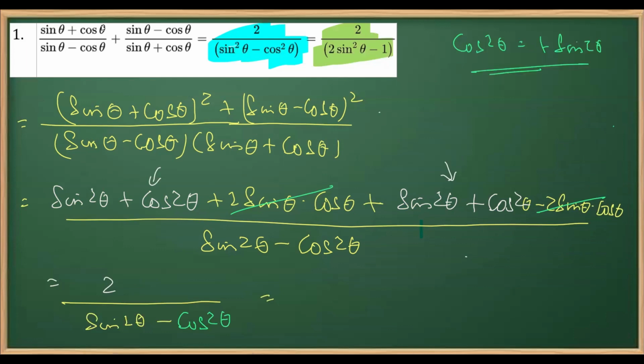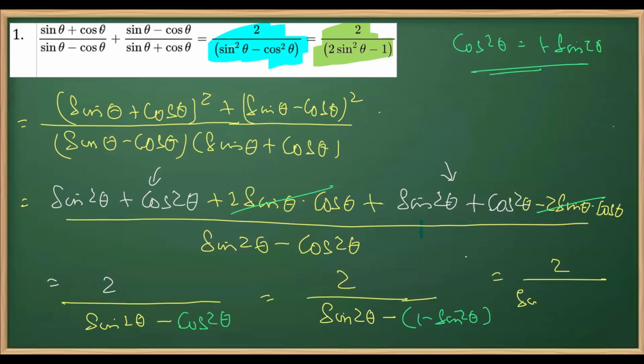So this is 2 over sine square, let sine square be sine square only, minus, I'm going to replace this. That's an important thing to consider, that there's a minus sign. So whatever I'm replacing cos square with should be inside a bracket, that is 1 minus sine square theta. Now if I open this bracket, this is sine square theta, and as you know, this bracket will open to make it positive sine square theta.